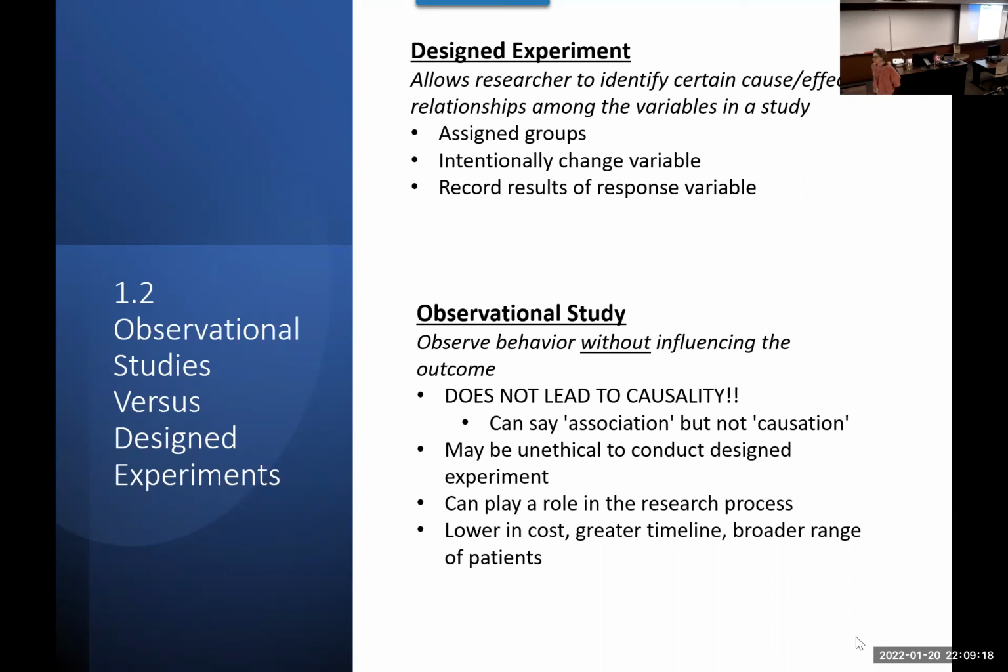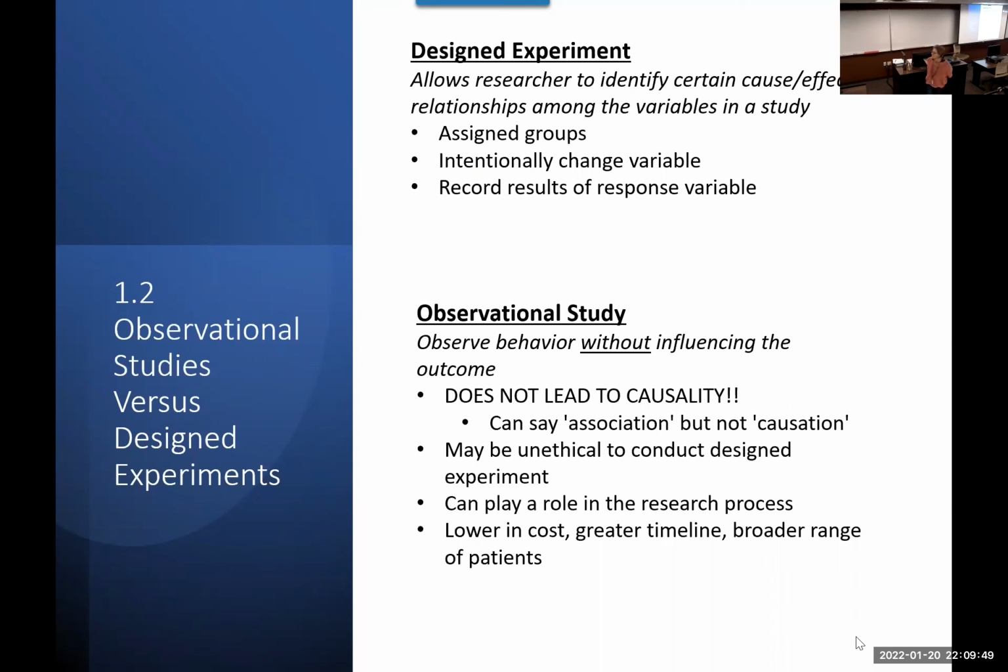Because of that, we are only allowed to say there can be an association between two variables, but in an observational study, we cannot say that one thing caused the other. All we can say is we think there's an association, but because we haven't done the experiment, we can't say one thing causes the other.